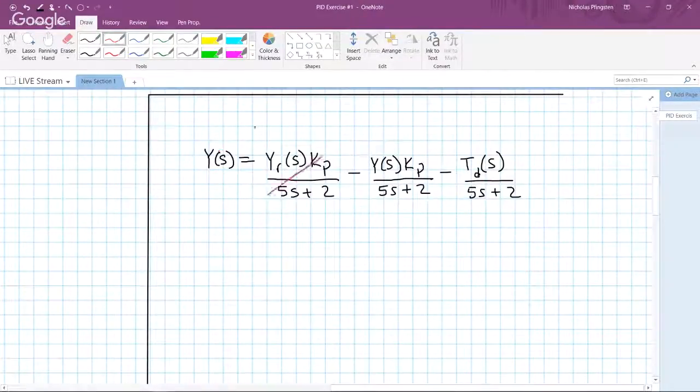So it's 0. And we can now rearrange to get that new transfer function. And by the way, we're trying to find y of s all over capital T sub d of s equals question mark.